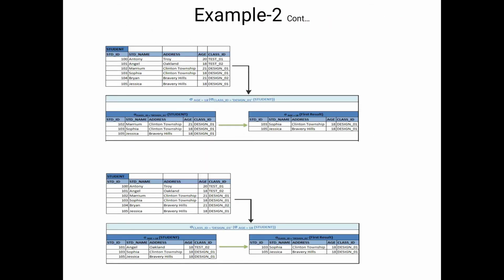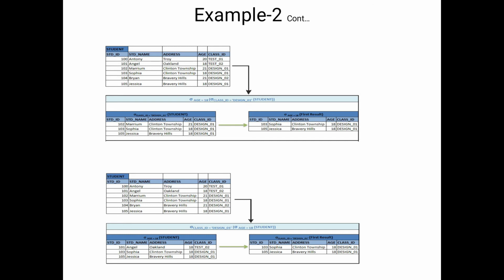Please observe carefully how we retrieve the results. What is our aim here? We want the age 18 students who are studying only in design 1 class. The upper part is the whole student table.